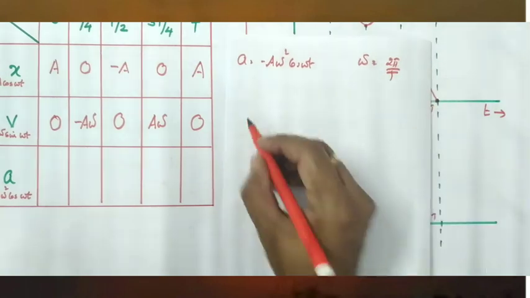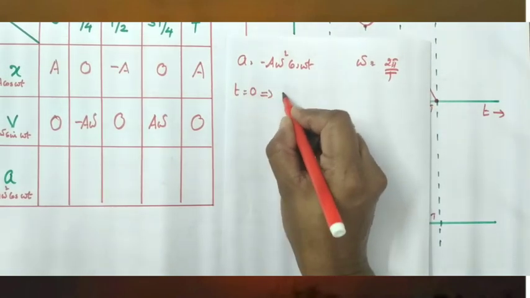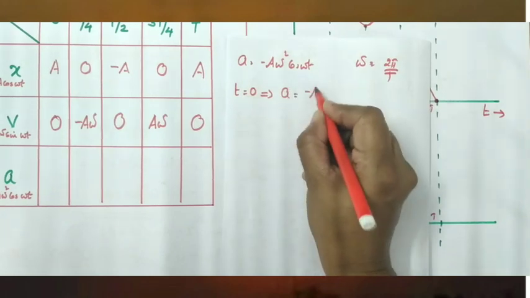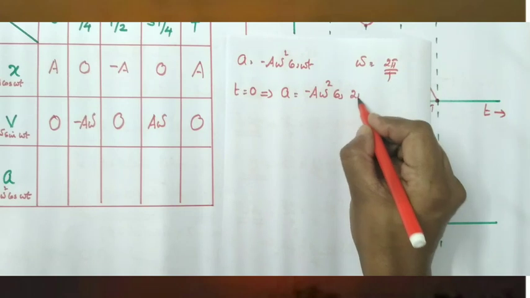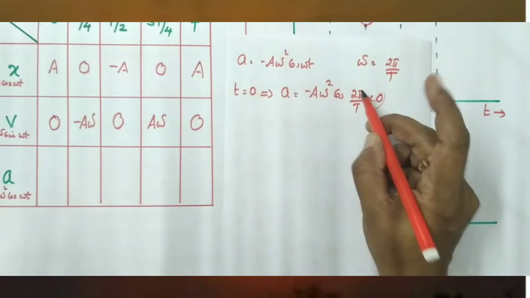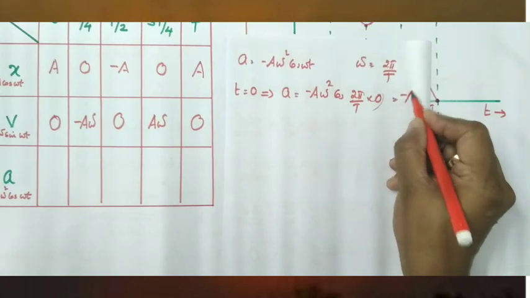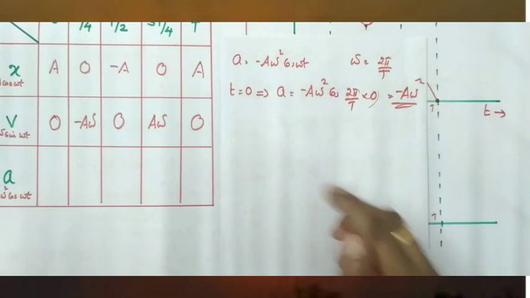Again omega equal to 2 pi by T. When time t is equal to 0, acceleration a equal to minus a omega square into cos (2 pi by T into 0). Here cos 0 is 1, so the answer is minus a omega square.